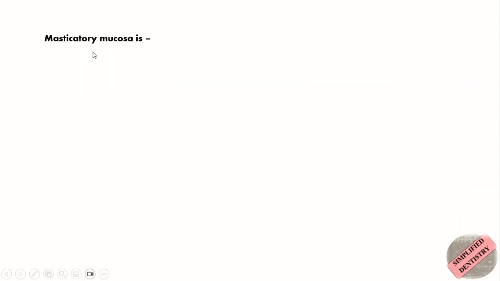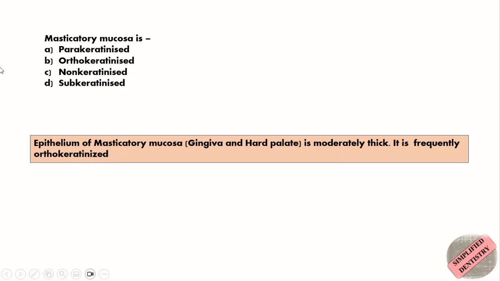Next question is masticatory mucosa is, and its options are A, parakeratinized, B, orthokeratinized, C, non-keratinized, and D, subkeratinized. So as we have already discussed, the masticatory mucosa is present in the regions which aid in mastication.